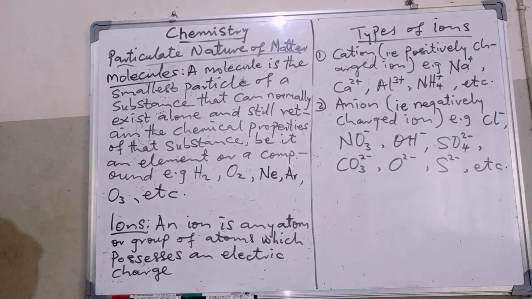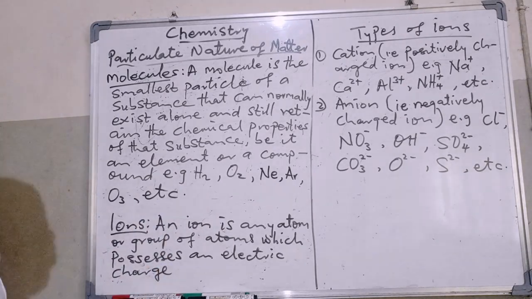Now let's see molecules. A molecule is the smallest particle of a substance that can normally exist alone and still retain the chemical properties of that substance, be it an element or a compound.